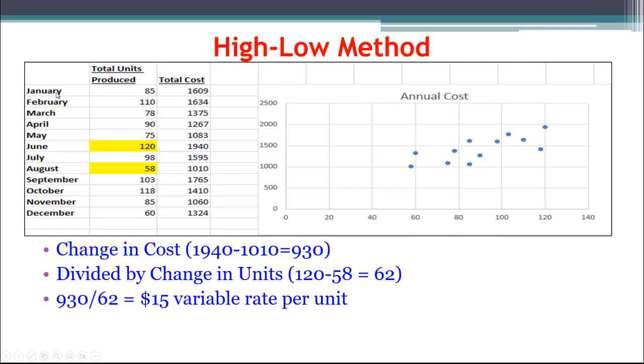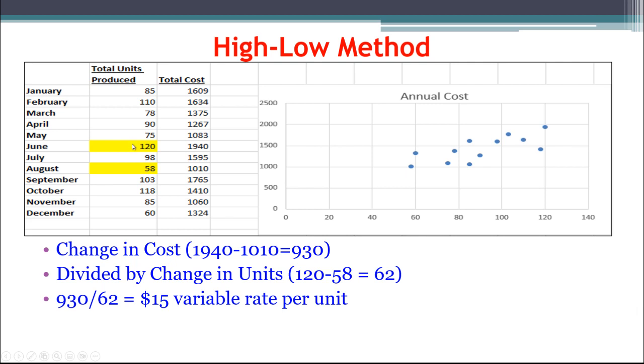So let's take a look here. We have these 12 months of data, a number of units that were produced, and the total cost related to each of those levels. Here we've plotted them out on a graph, and everything looks to be somewhat reasonable. Reasonably, we could plug a line through this.